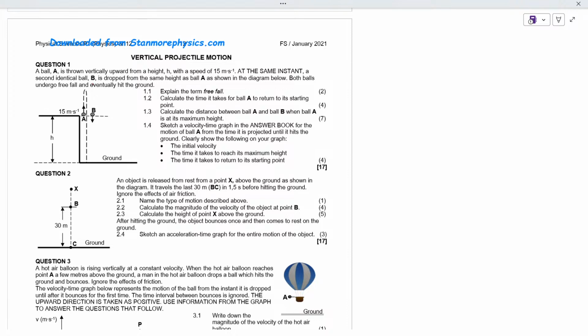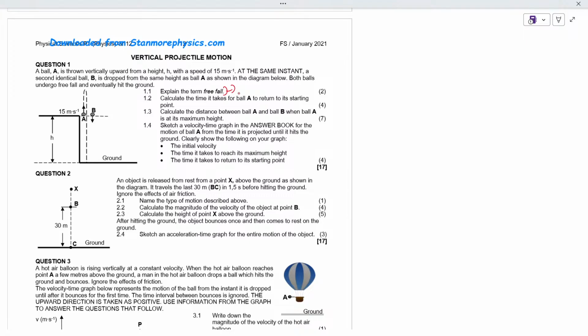So we are told that all of this motion started at the same time. That's something that you have to note. It's not the case that another one was thrown a second later or 3 seconds later.